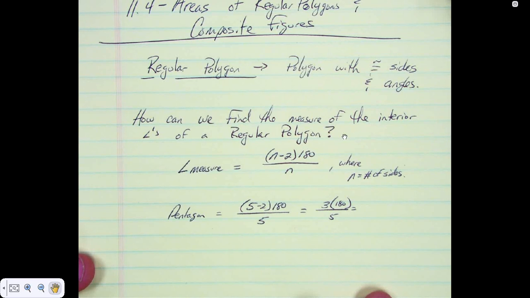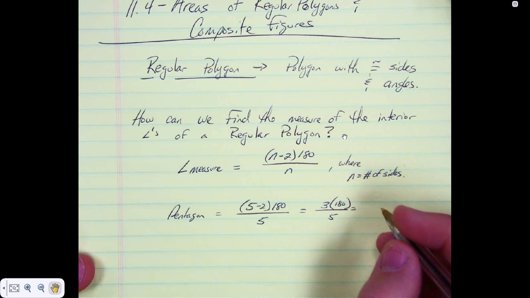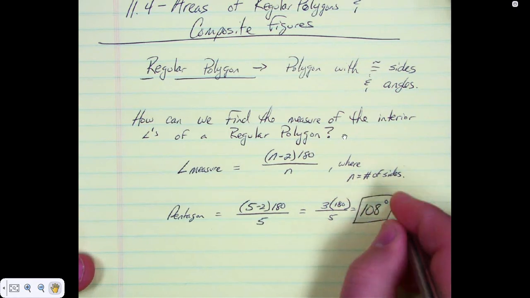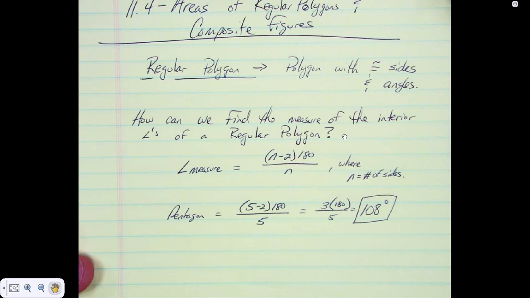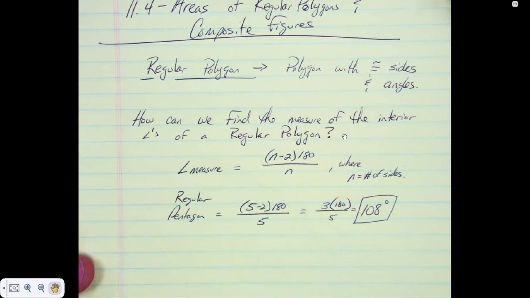Use your calculator, please. 108. So right now, you know that each interior angle of a regular pentagon is 108 degrees every time. Only regular ones, but that's what we're going to be dealing with in this section.